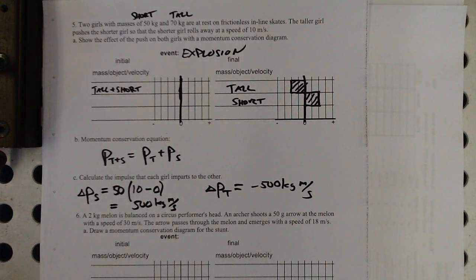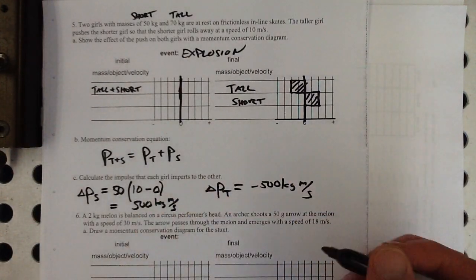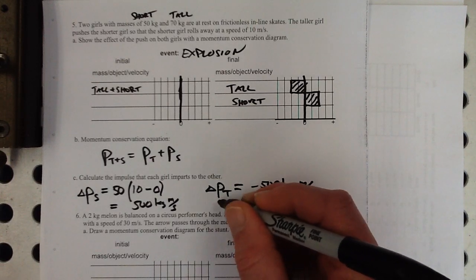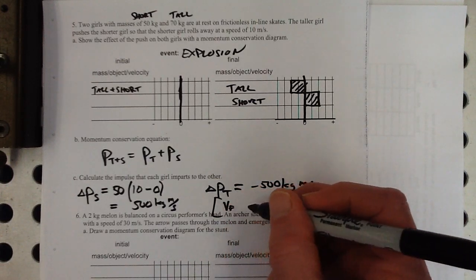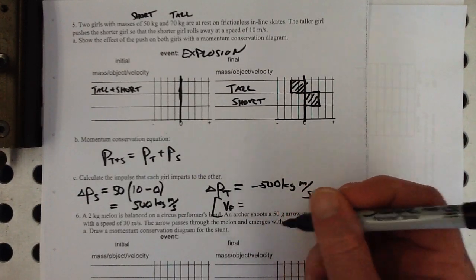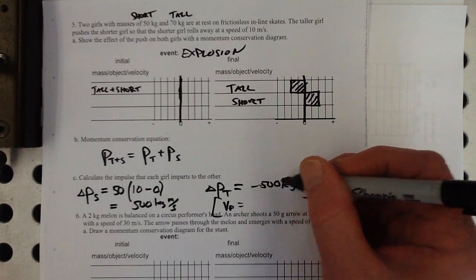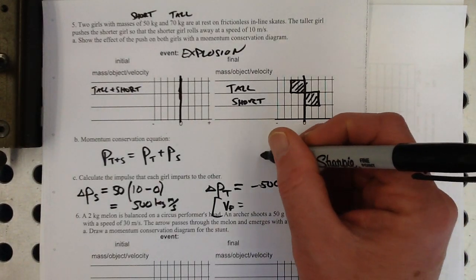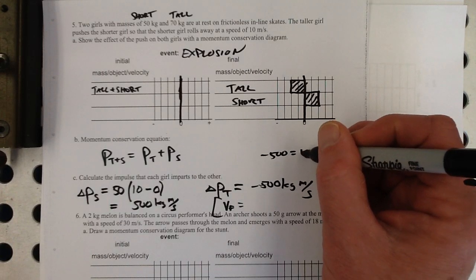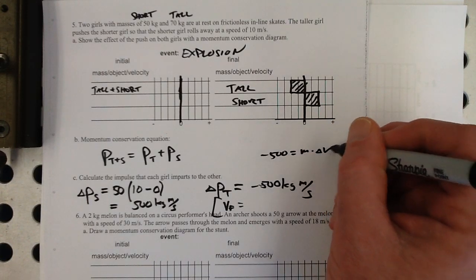And it would be very easy to then figure out, I feel like I should have asked you also, and I'll put this in brackets because I didn't actually ask you to do this, what's the final velocity of the tall girl? Well, her change in momentum is negative 500, which must be equal to mass times change in velocity.